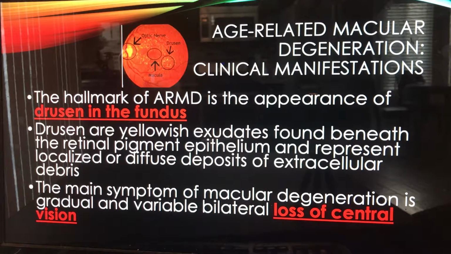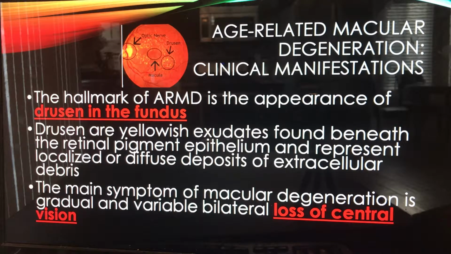The hallmark of ARMD is the appearance of drusen in the fundus. The drusen are yellowish exudates from beneath the retinal pigment epithelium and represent localized or diffuse deposits of extracellular debris.